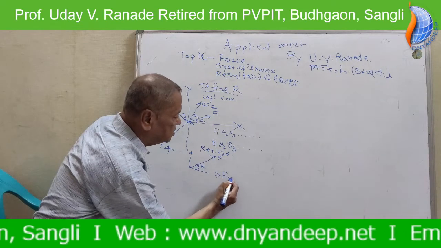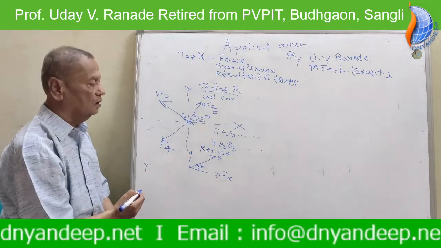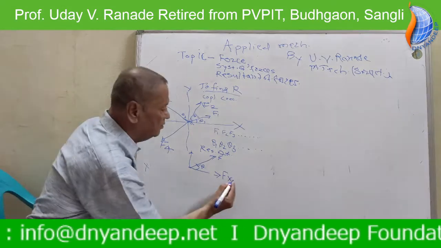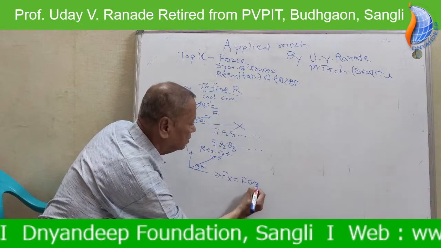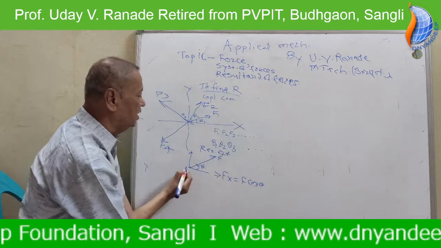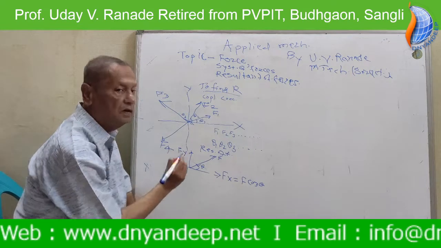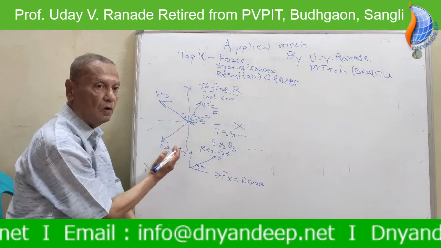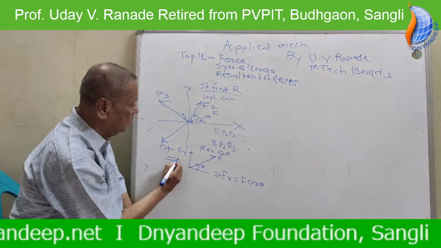If Fx is the resolved part of F along x, then Fx is given by F cos theta. Whereas if Fy is the resolved part in the y direction or vertical direction, this Fy is F sin theta.